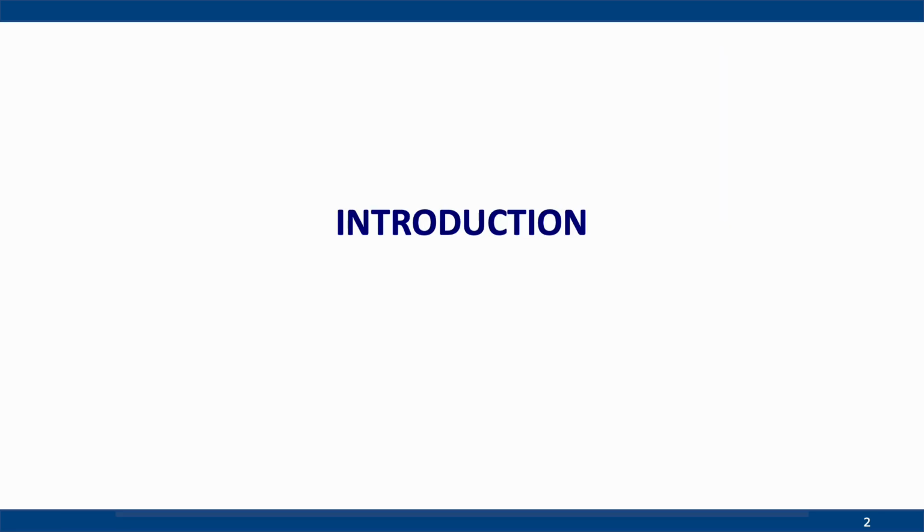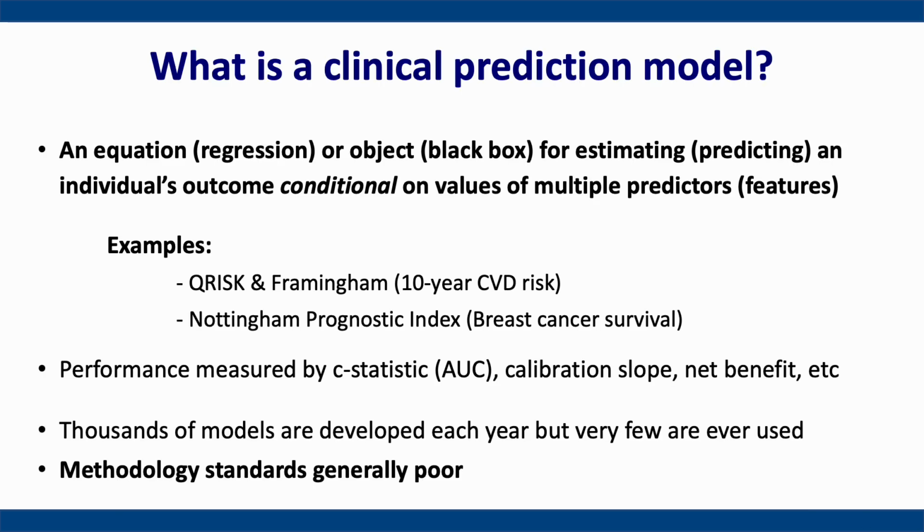Okay, let's have an introduction before we get to the main stuff. Right, so what is the clinical prediction model? So quickly, because I assume most of you watching this video will know, a prediction model is an equation, for example, based on a regression, or an object, a black box, for example, based on a machine learning method, which is used to estimate or predict in an individual their outcome, conditional on values of multiple predictors sometimes called features, characteristics.